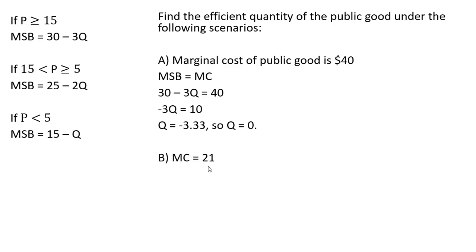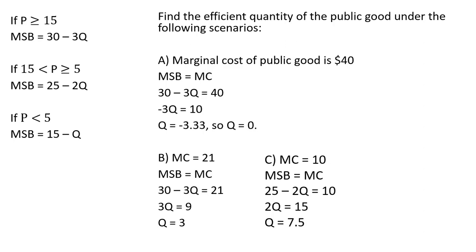Let's try a marginal cost of 21. So 21 is greater than 15 here. So setting the marginal social benefit equal to the marginal cost and solving, dividing through by 3, the efficient provision of the public good when the marginal cost of providing the public good is $21 is going to be 3.